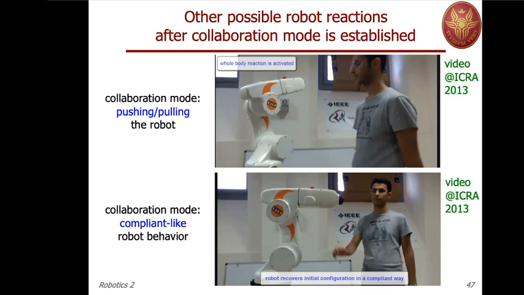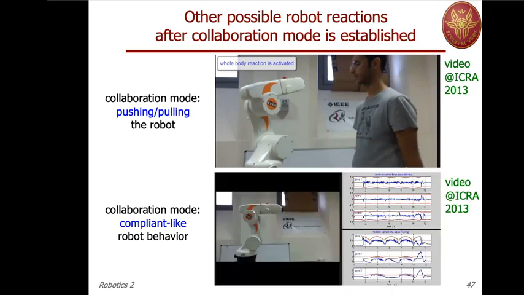But in that case, they were able to impose current, so torques at the motors, and let them behave in this proportional way. Here we don't even know what the low-level controller is. So the only thing that we can do is modify the external velocity reference. Still, we can achieve compliant-like behavior in this fancy way.